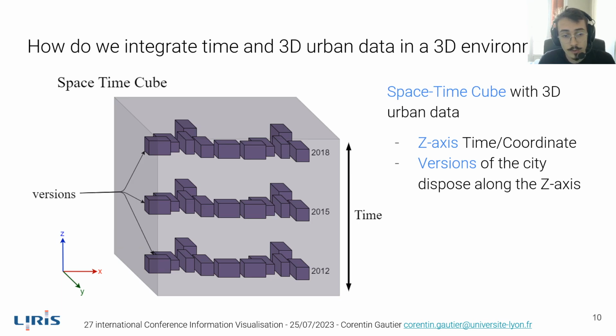We keep the altitude on the z-axis. The different versions of the city will be disposed along the z-axis. So first of all, we have this kind of representation. But now, how will we displace these different versions along the z-axis?